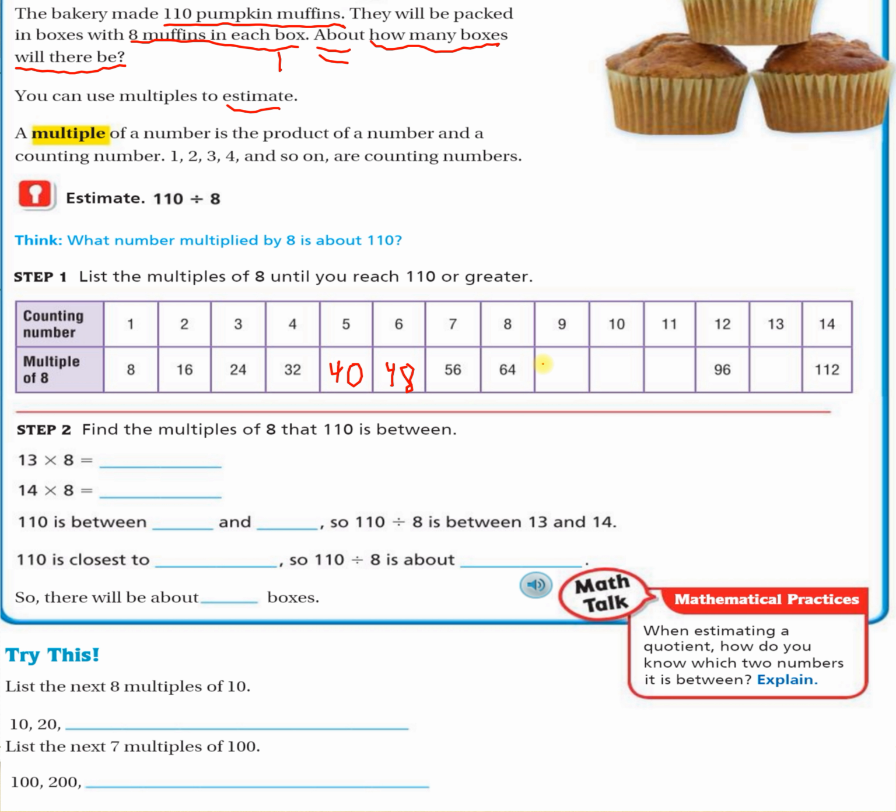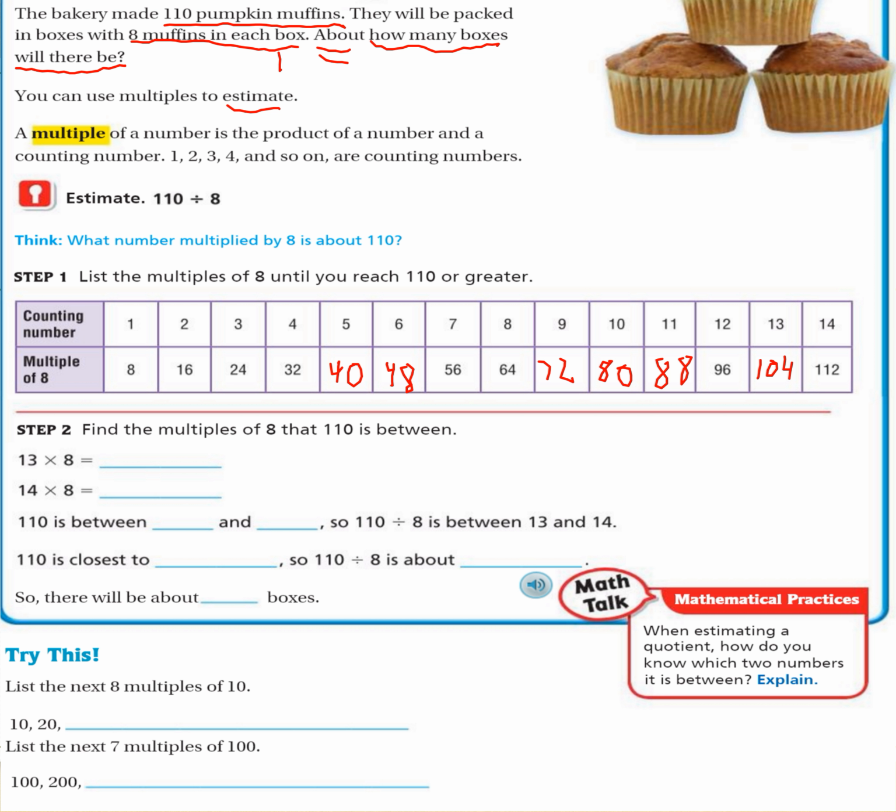Then 10 times 8, 11 times 8, 9 times 8, 72, 10 times 8, 80, 88, 8 more would be 96, and remember this would be 12 boxes, would be about 96 muffins if we're thinking about our word problem. 13 boxes, it's going to be 104. There's 8 more than 96. And then 14 boxes would be 112 muffins.